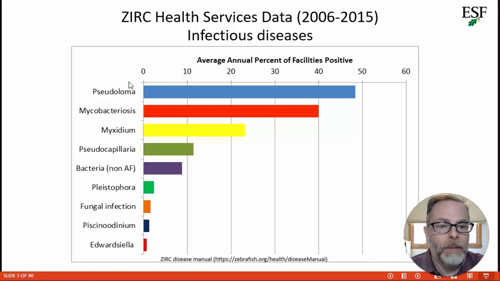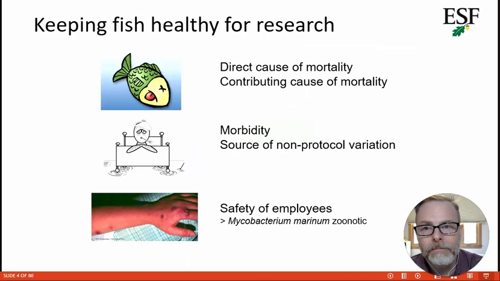This Pseudoloma microsporidium parasite comes up at the top, and then Mycobacteriosis, the general disease, comes up next. And I always contend that if we really went looking, we would probably find a lot more mycobacteria in zebrafish systems. These are just common bacteria that you will find in aquatic systems and in fish in general.